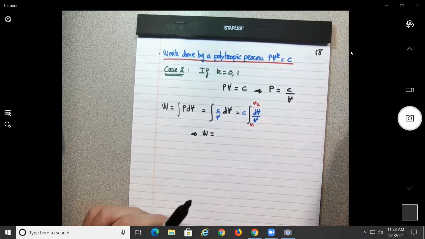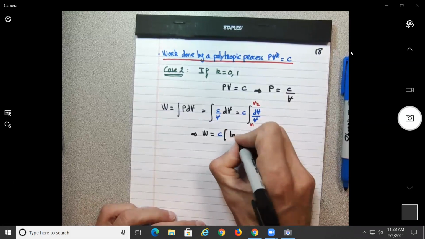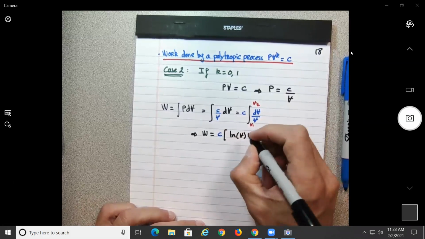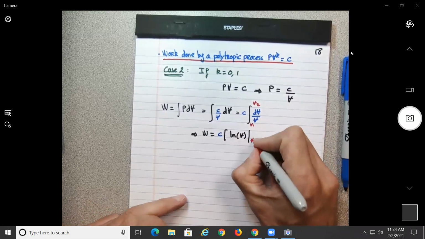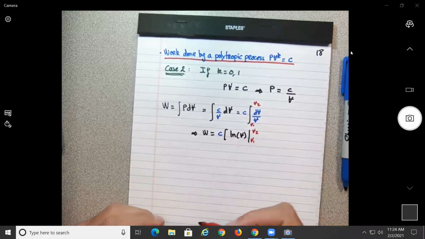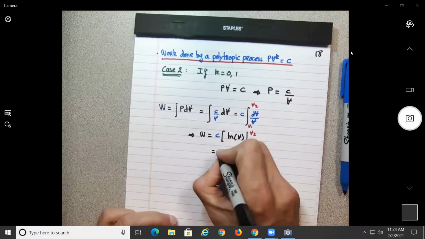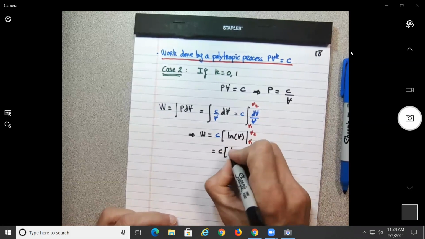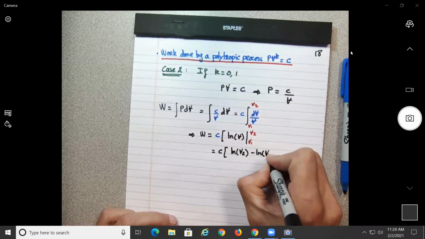C log of V between V1 and V2, which will give you C log of V2 minus log of V1.